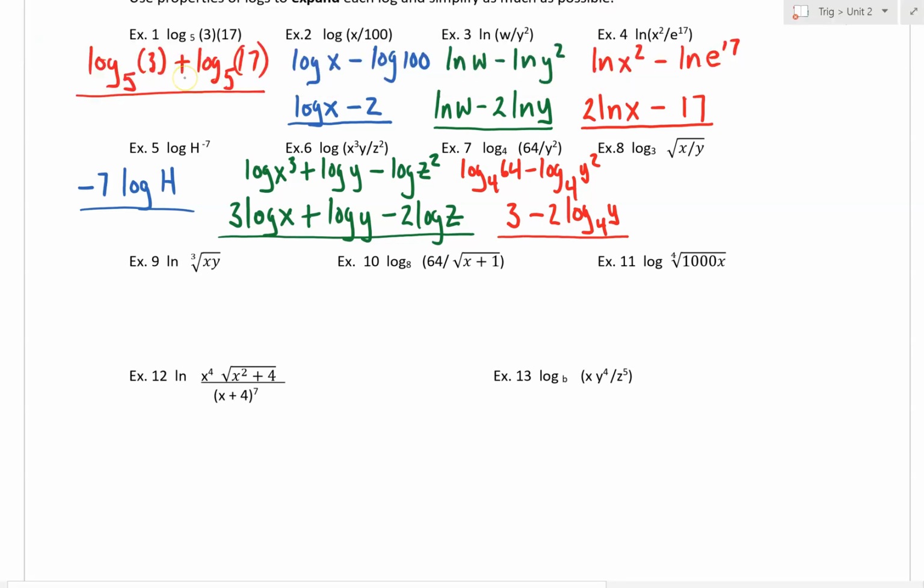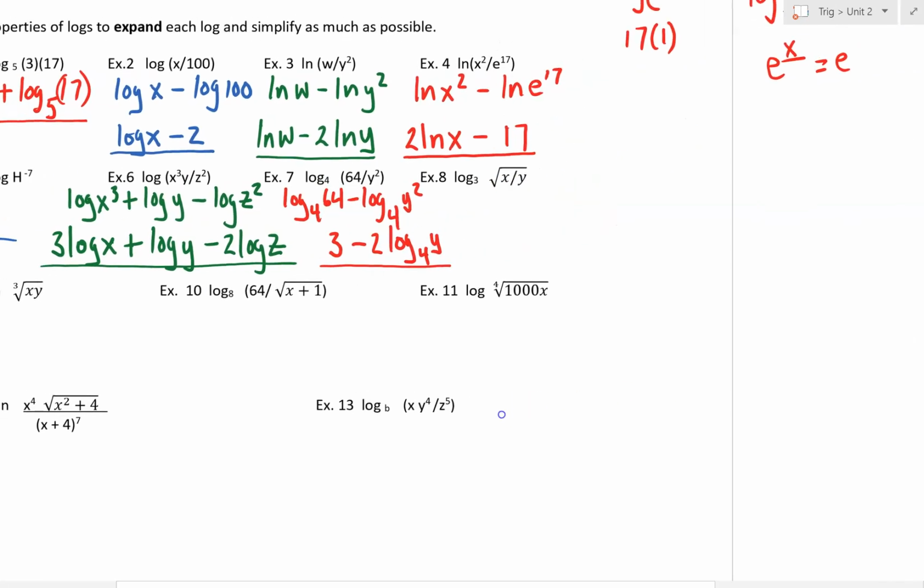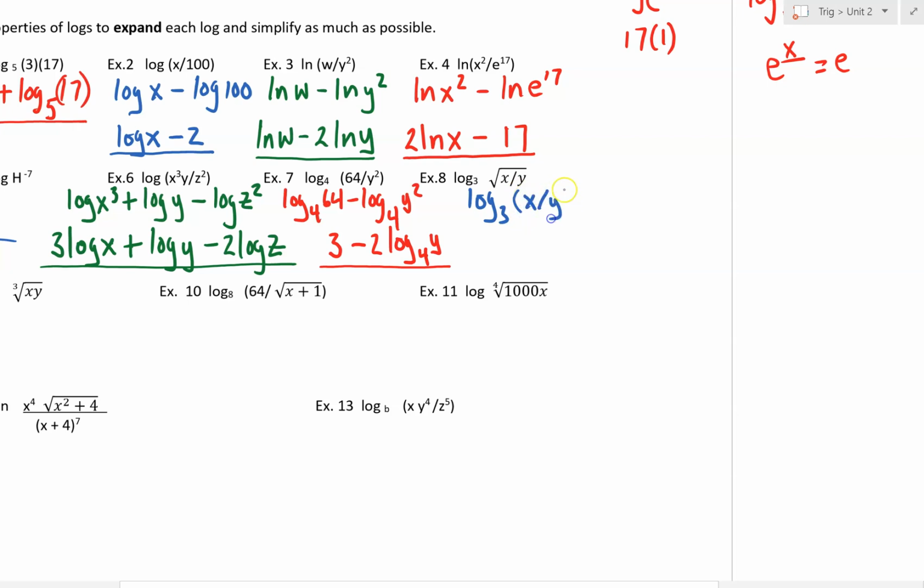For the next one, this one's a little bit different. It says log base 3 of the square root of x divided by y. Well, x divided by y tells me I'm going to have a subtraction. The thing I have to deal with is this square root. And one way we deal with the square root is to simply look at it as log base 3 of x divided by y raised to the 1/2 power.